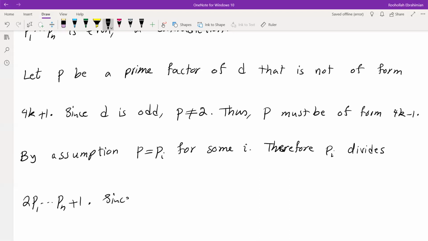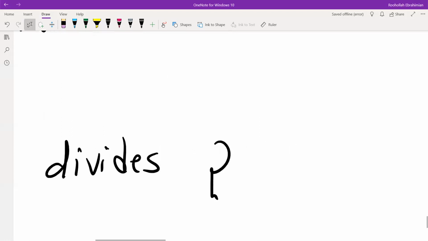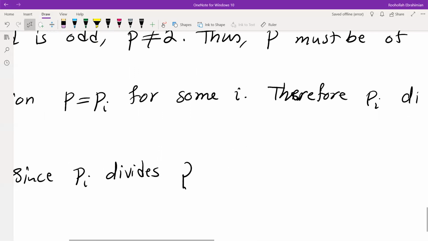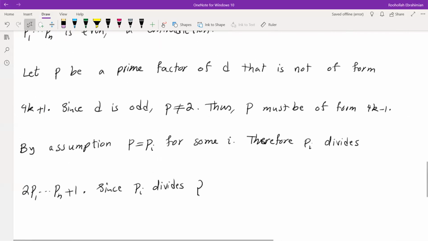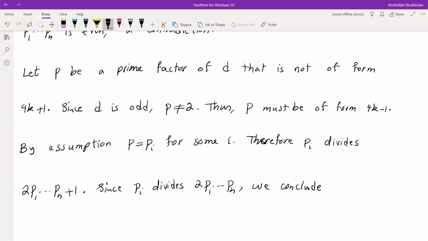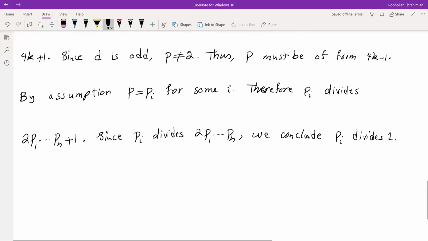But since Pi divides 2P1 through Pn, it must divide 1, because it divides this expression plus 1. We conclude that Pi divides 1, which is a contradiction.